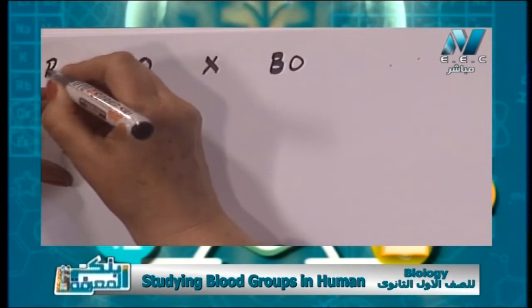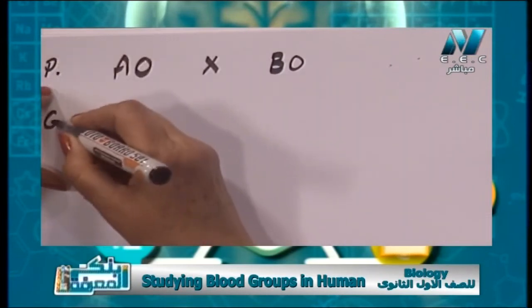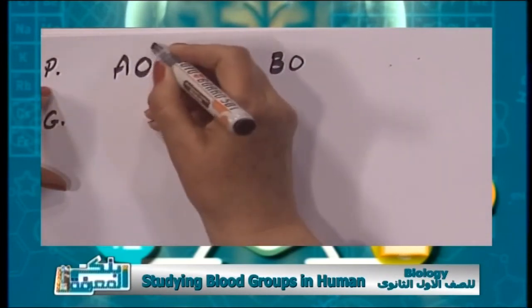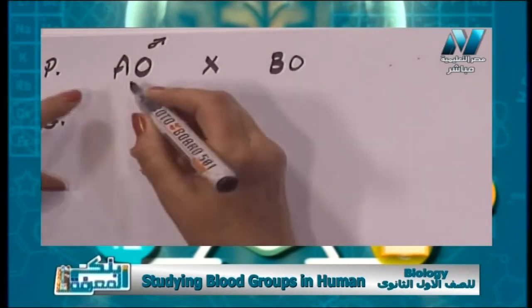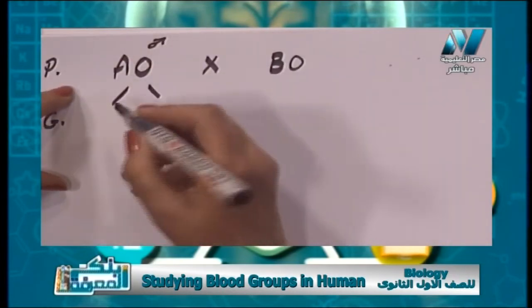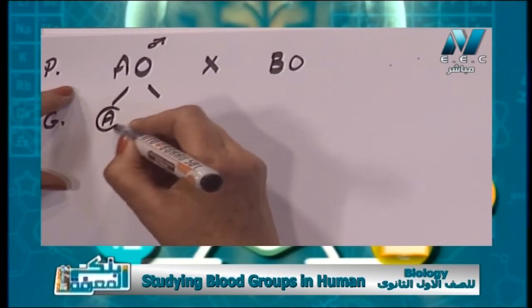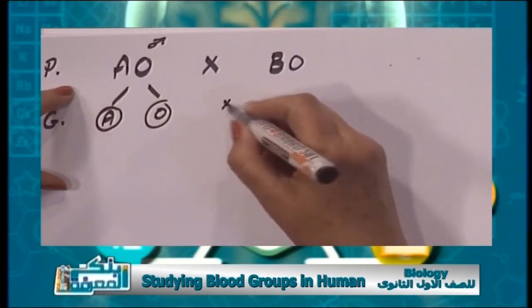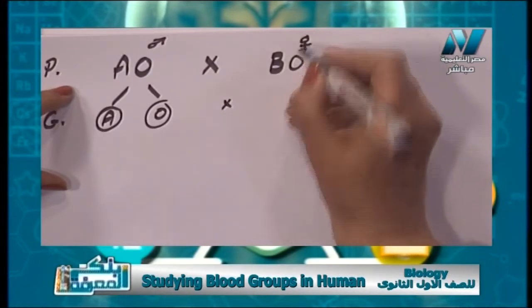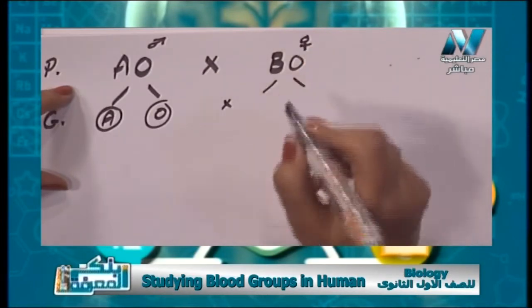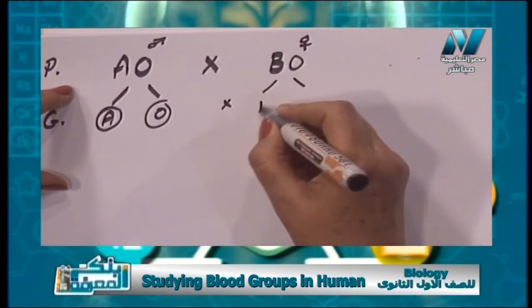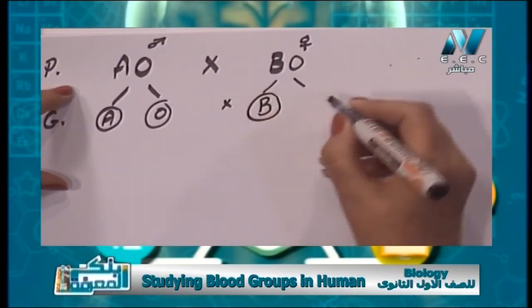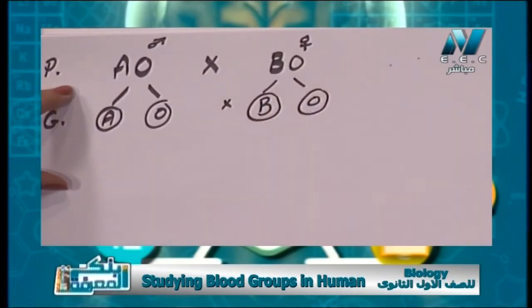These are the parents. What about the gametes? This man could have two types of gametes, a gamete with A and another gamete with O. And the woman must have two types of gametes, gamete with B and gamete with O.